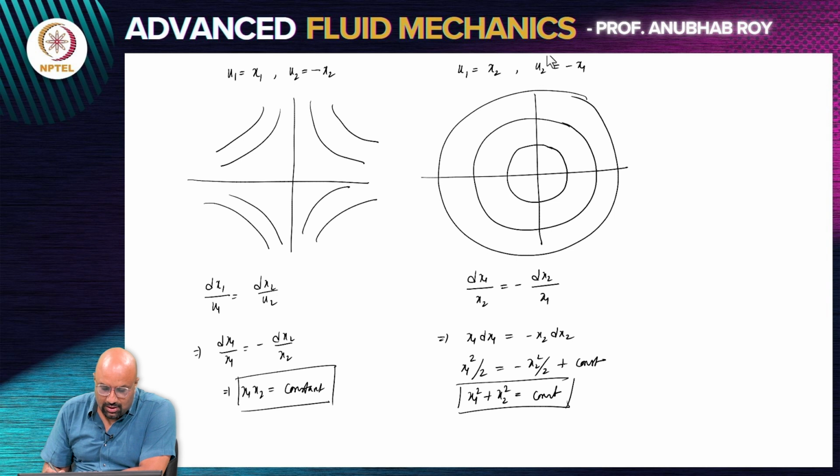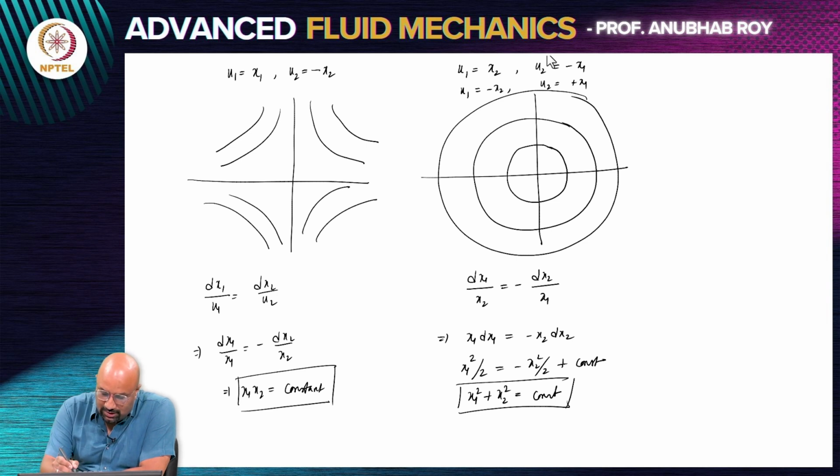And when you draw streamlines, it's important that you also indicate the direction in which the motion is occurring. Because if I had a velocity field which was u1 equals minus x2, u2 equals plus x1, you would get the same equation for streamlines. If you do the integration, the equations of streamlines are identical.